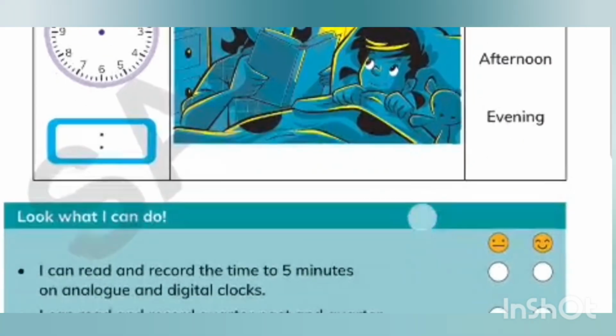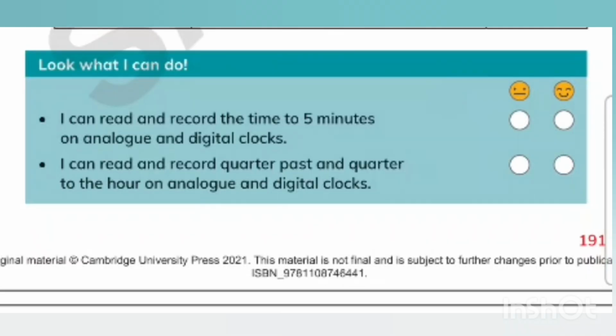Okay, now we are moving towards what can I do after completing this unit. This was the last page of this unit. So they are asking what can I do. I can read and record the time to 5 minutes on analog and digital clocks.